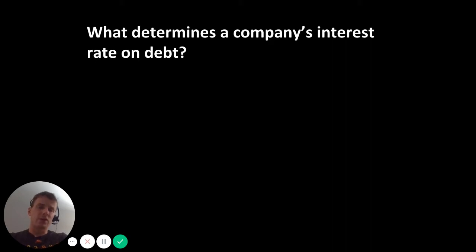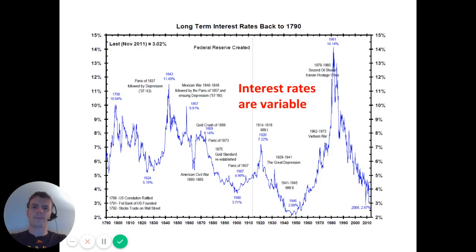Now, the next question is, what determines a company's interest rate? We now know that it's important, that the higher the interest rate that a utility experiences, ultimately, the more expensive its infrastructure is. So what determines a company's interest rate on debt? A couple different things.